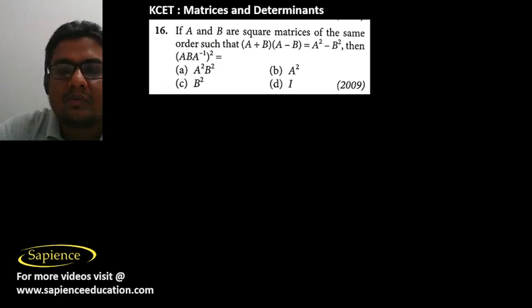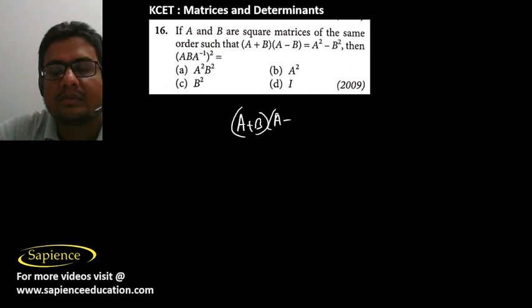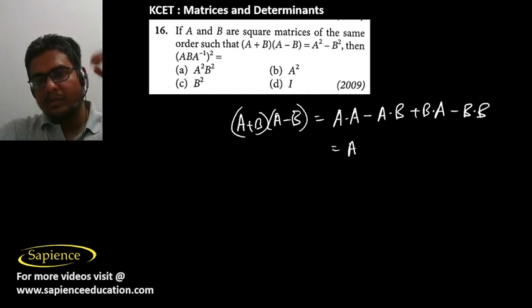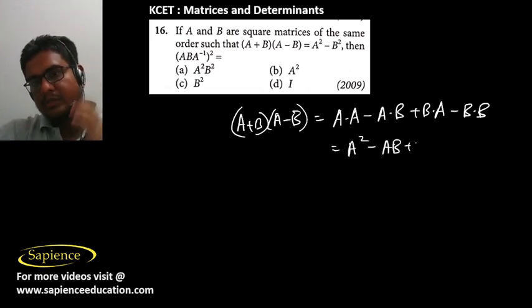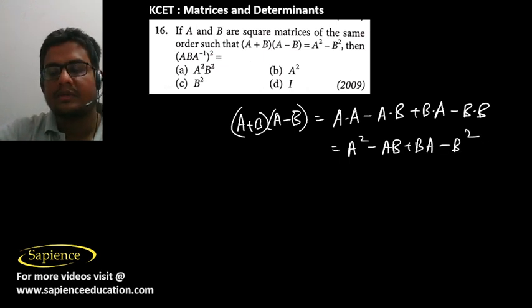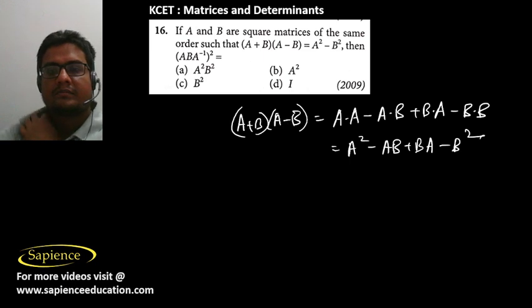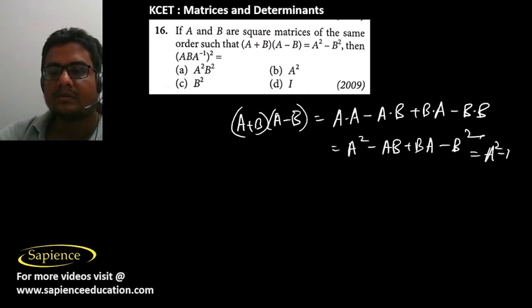So (A plus B) into (A minus B) is A into A minus A into B plus B into A minus B into B, which is equal to A square minus AB plus BA minus B square. That is given as equal to A square minus B square.